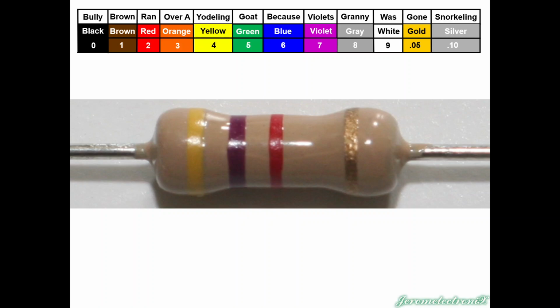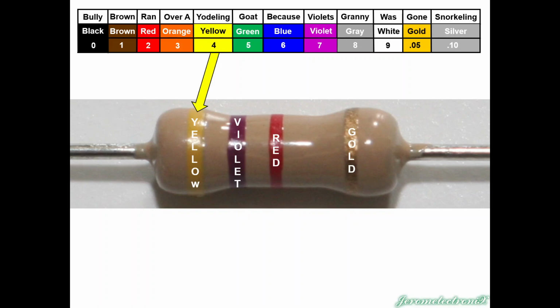But if all you've got is the color bands, we can actually figure out the resistance that this resistor provides from those color bands. So to help you out, I'm just going to say this one is yellow, this one is violet, this one is red, and this one is gold. Now, to figure out the amount of resistance in this resistor, all we need to do is take the color band for yellow, look at the chart up above, and it says yellow is 4.